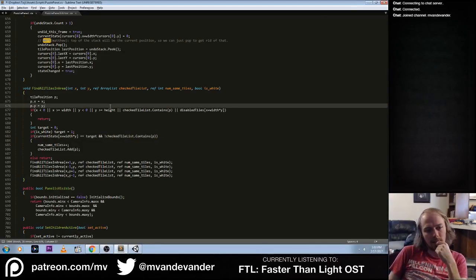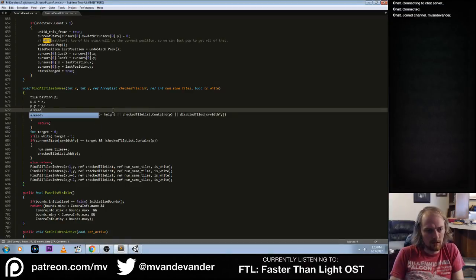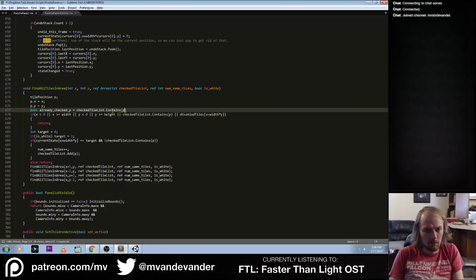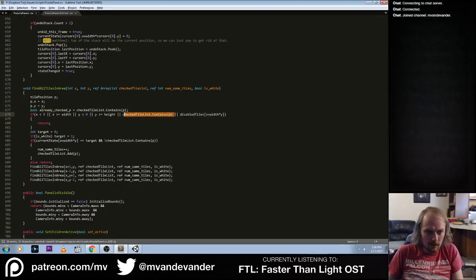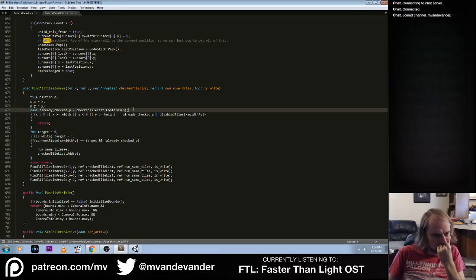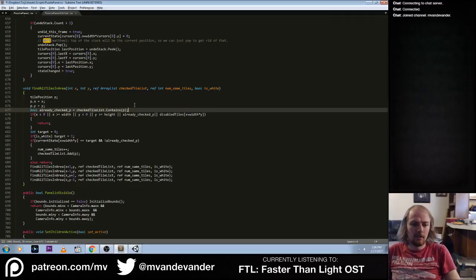well, one thing I can do is at least just do it once, so I can just cache that already, and so that would be just like bool already checked equals check tile list contains p. So I can just do that, and then I at least don't have to do it that way. It seems like there's an easier way to do this, but I'm not sure what.